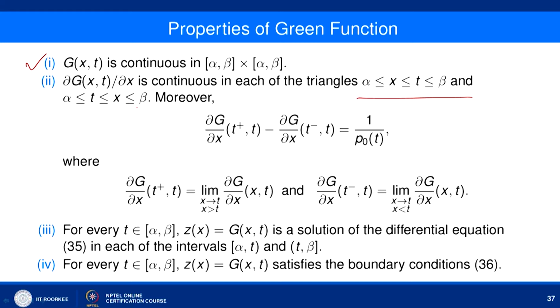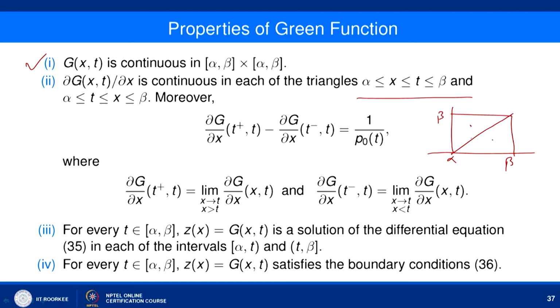Let me write it here, this is alpha, beta and this is alpha, beta. Here we have this, and then we have the triangles. So, we have two triangles.